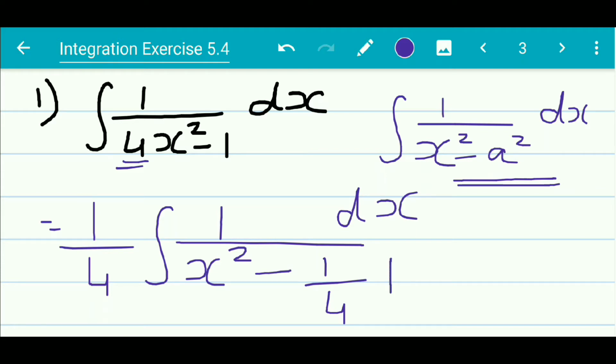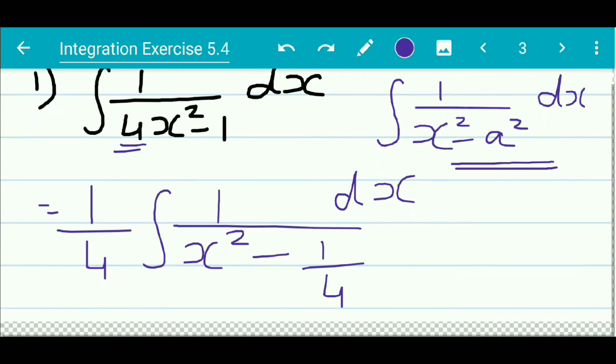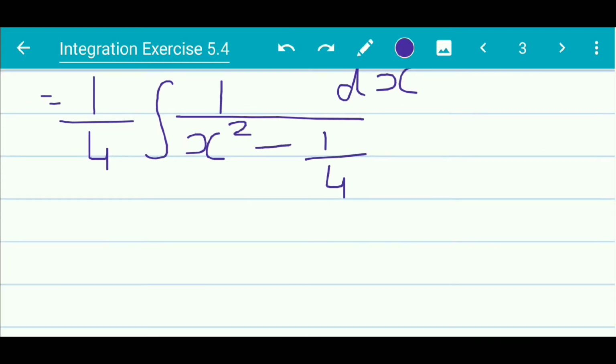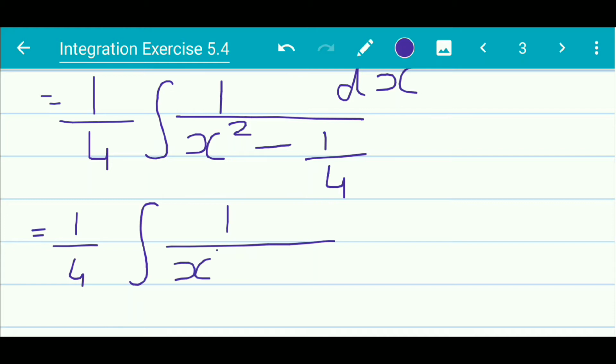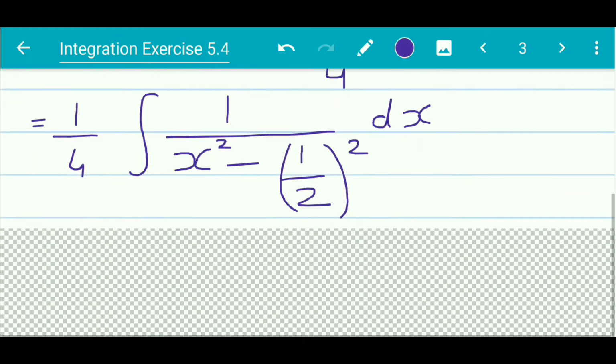Now having done that, in the next step, we write this way, that is 1 upon 4 remains as it is. And in the integral, we have 1 upon x square minus 1 upon 2 the whole square. 1 upon 4 can be written as 1 upon 2 the whole square. Now the integral is of this form. Isn't it?